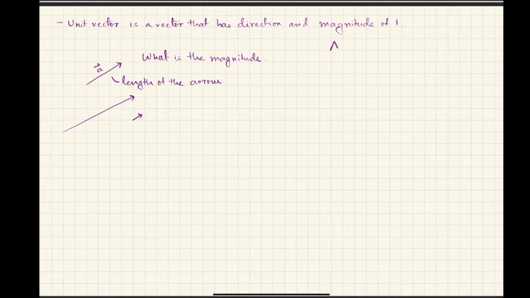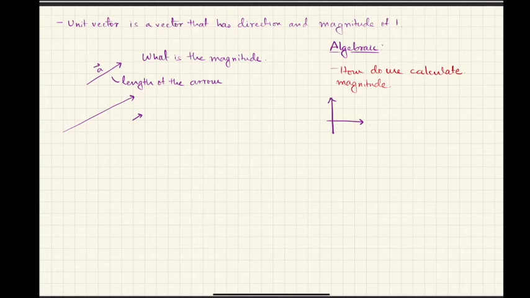What about in the algebraic form? In the algebraic form, the question is, how do we calculate magnitude? So in order to understand that, let's quickly go back to our coordinate system, and here's our a vector.